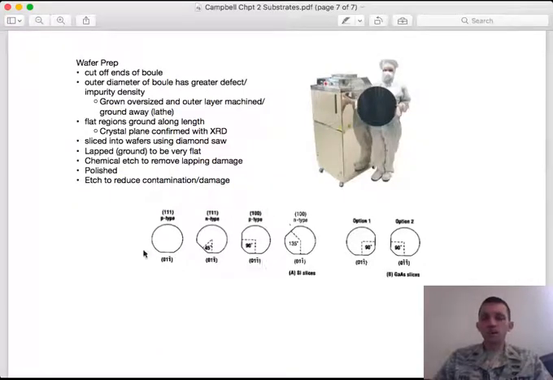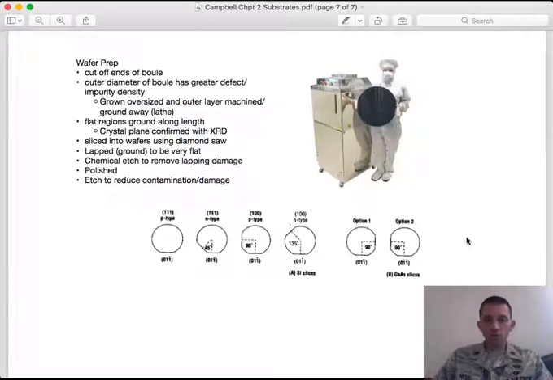I'm going to grind the end of the wafer to distinguish what the crystal direction is and what the dopant is of that particular wafer, because they're all the same visibly to the workers who are processing these. And so, yeah, they're etched and polished, right?